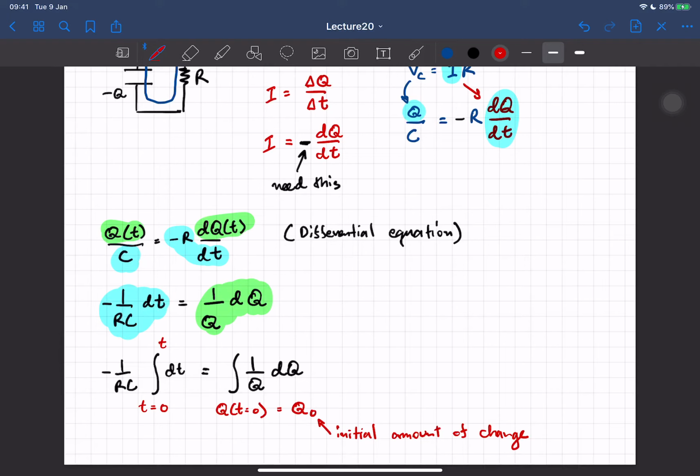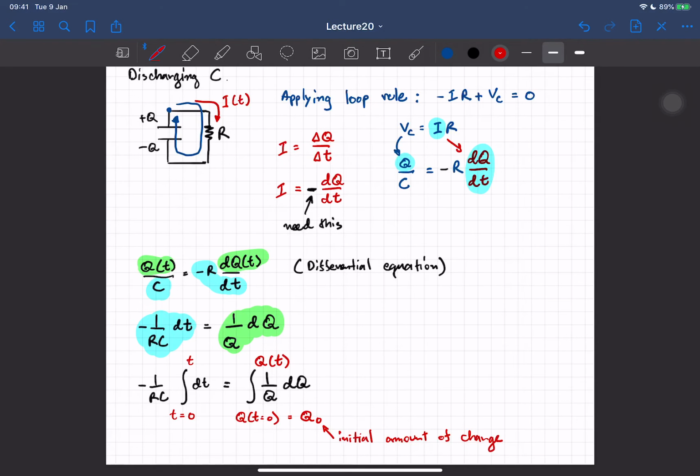Q0. And then we're going to integrate it to some later time, which is Q at some later time, Q(t), like this. Okay, and now the integral is actually not that bad because on the left hand side it's just a constant, and the right hand side is going to be the natural base logarithm function.